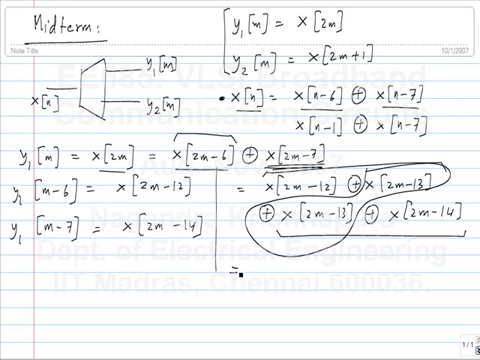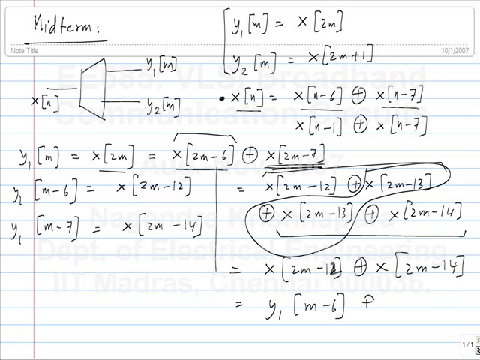So this is simply X of 2m minus 12 XOR X of 2m minus 14, which is Y1 of m minus 6 XOR Y1 of m minus 7. So it comes from the same generating equation, so it is also the same pseudo-random sequence.